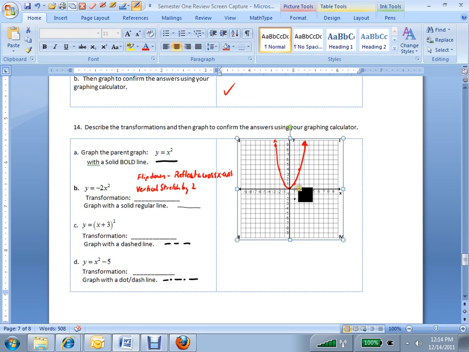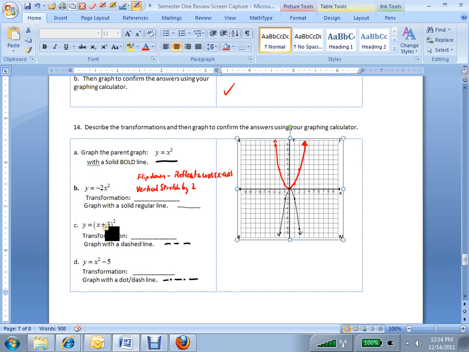If I go over to x is 2, 2 squared is 4, but then I still need to multiply by negative 2. That becomes 4 times negative 2 is negative 8. I can graph the other points by symmetry. So that is our part B.